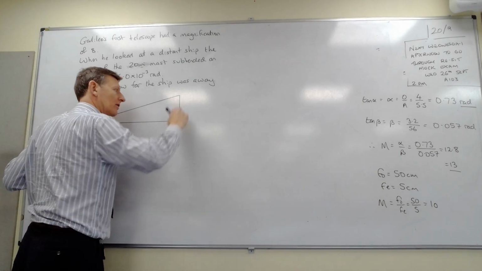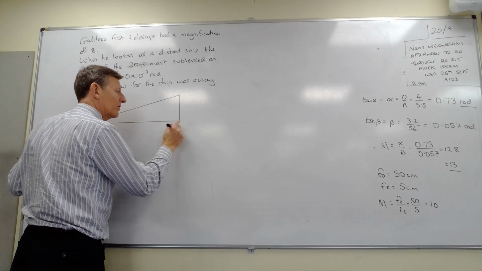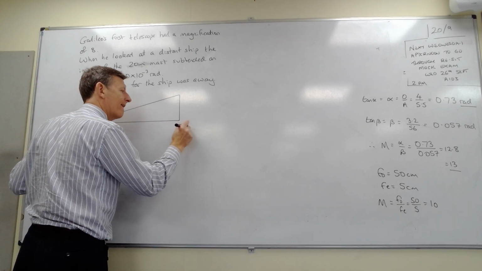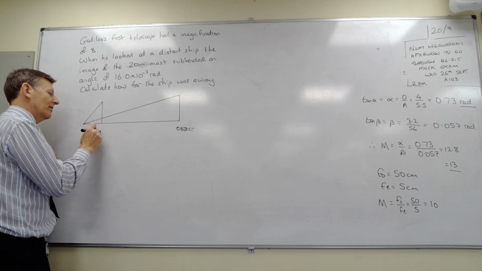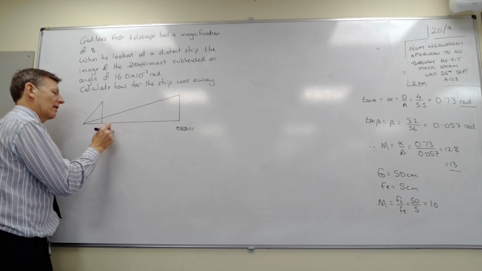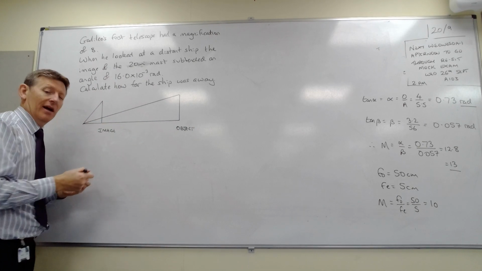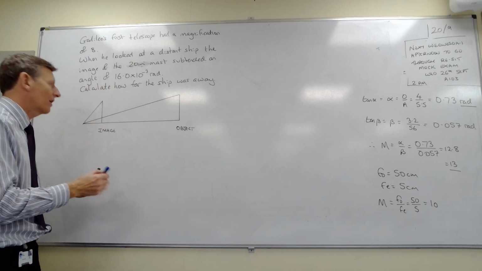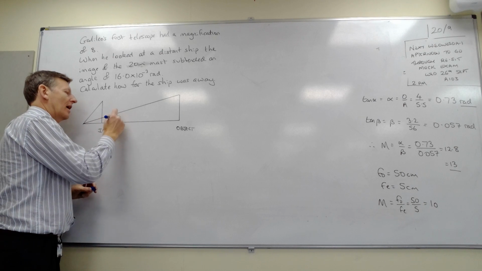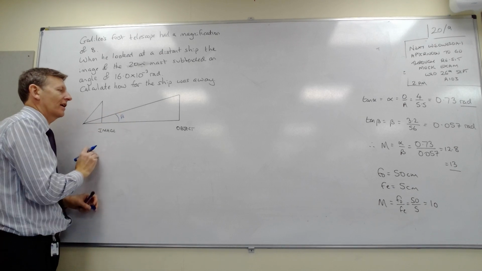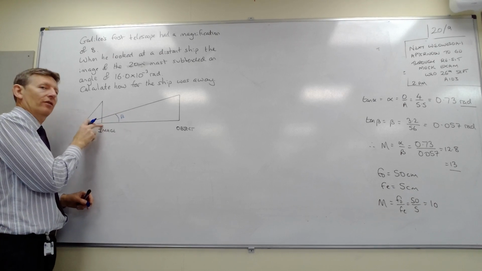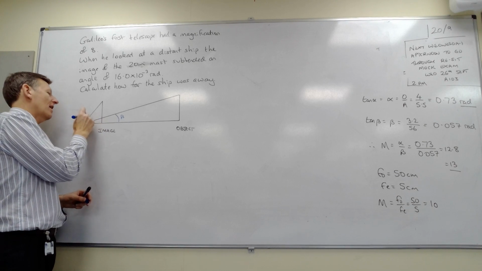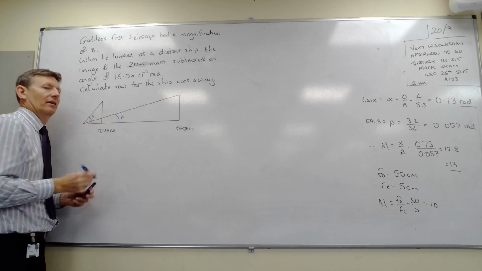This is the angle subtended by the object, so that's the object there, and this is the image here. And so the angle subtended or made by the object with the unaided eye would be that one, which I call beta, and the angle subtended or made by the image will be that one, which is alpha.